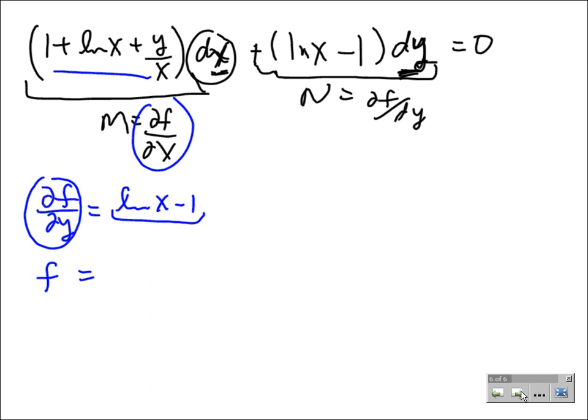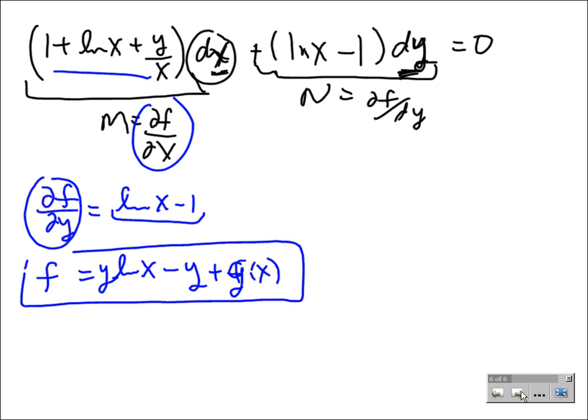Now ln of x is a constant. I integrate it with respect to y, I get that constant times y, minus 1 times y. The integral of 1 with respect to y is y, plus any function of x. To double check that this is right, you would take the partial of that with respect to x, and you would check to see if you get this.